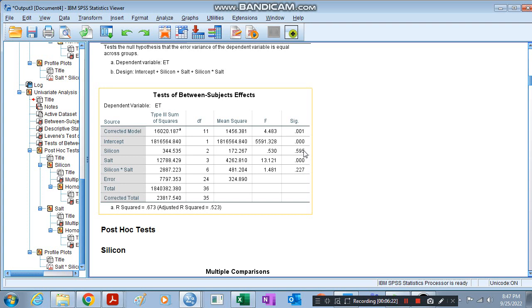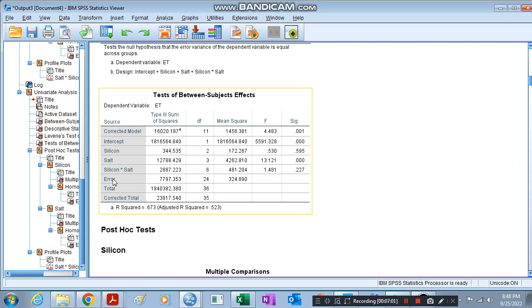In order for it to have a significant effect, its number here has to be less than 0.05, because we are testing with a level of significance of 0.05. When we come to the second factor, salt, it has a significant effect because its value here, as you can see, is by far less than 0.05.